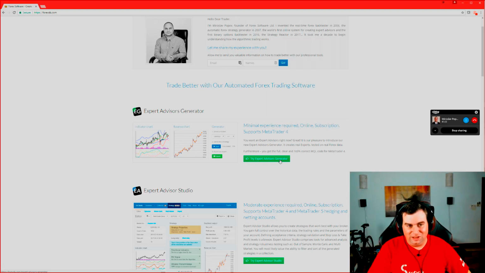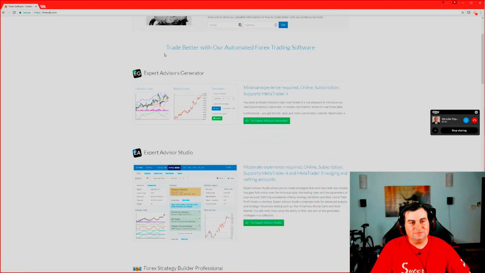That's really interesting. These days I work on Expert Advisor Studio. But my next task is to improve this Expert Advisor Generator. It will become a constantly free tool, and I will expand the possibilities to import our own historical data.